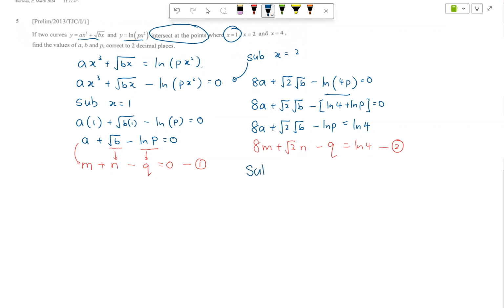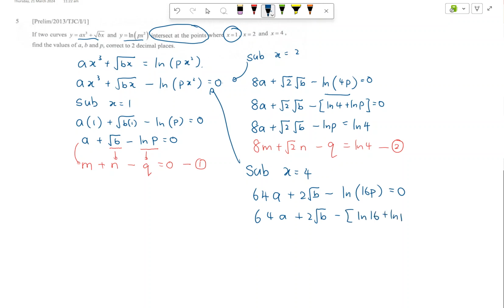Now I sub in x equals 4 for the last one into this equation again. 4 to the power of 3, that's 64a, plus square root 4, so that will be 2 root b, minus ln of 4 squared, 16p. Same thing, I split up my ln 16p using the law of logarithm, ln 16 plus ln p.